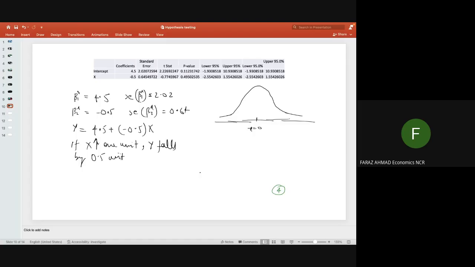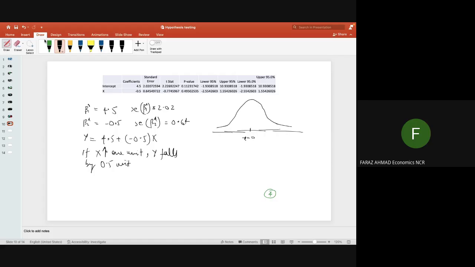Now when we do the hypothesis testing, we have two approaches. One is the confidence interval approach and another is the test of significance approach.